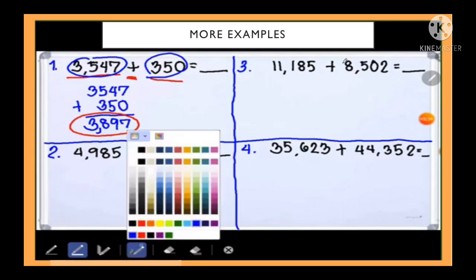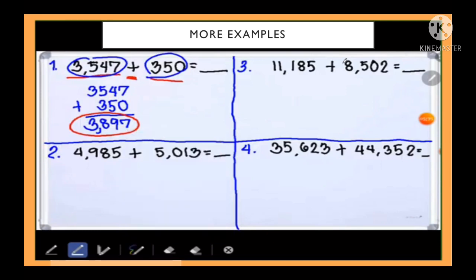Okay, number 2. What will be the first number that we need to write here? Good job. It is the 4,985. So I'll put it here down. 4,985. What's next?